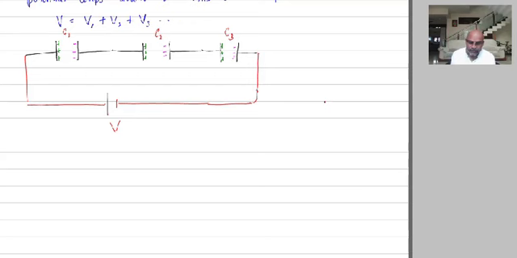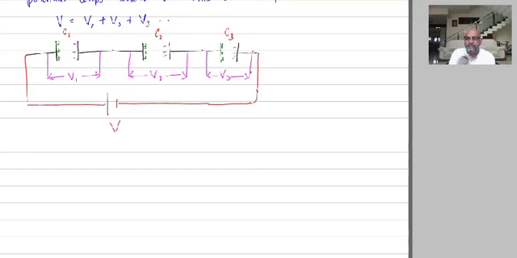Okay, fine. Now the potential drop across the first capacitor, we will call it V1. Similarly, the potential drop across the second capacitor is V2. Similarly, the potential drop across the third capacitor is V3.